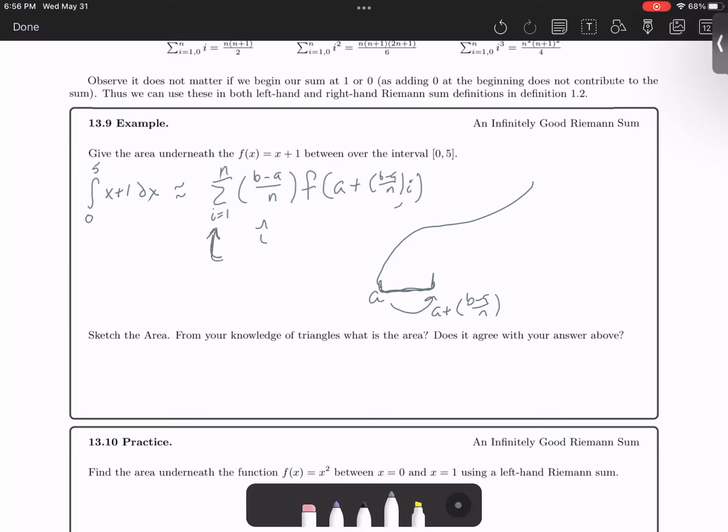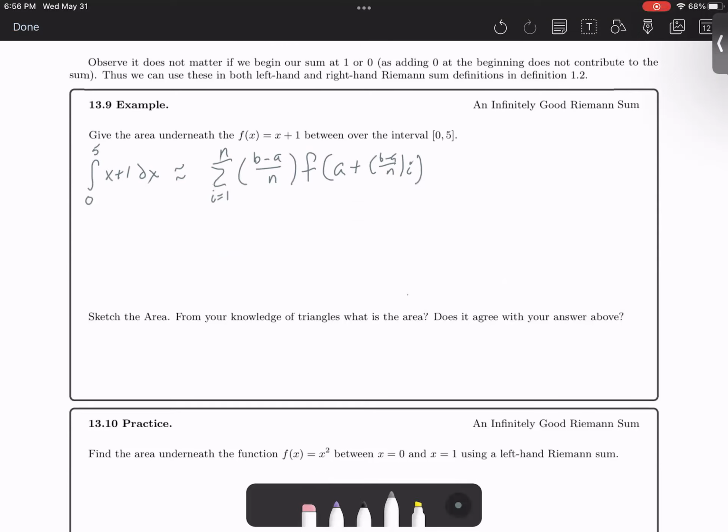So if i starts at 1, then the first function value that we actually take is a plus 1 rectangle width. So we actually do take this point as the height of that rectangle. You can use a left-hand Riemann sum too, but they're both going to give you the same answer. So let's use a right-hand Riemann sum. I think it's a little bit easier.